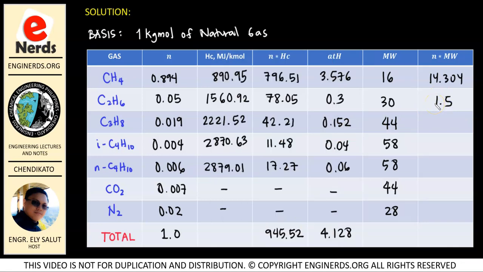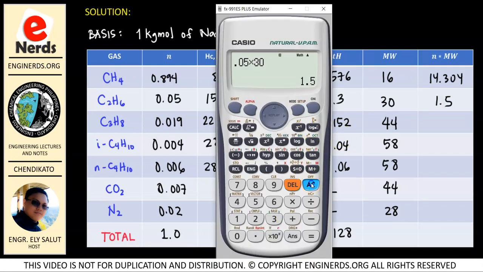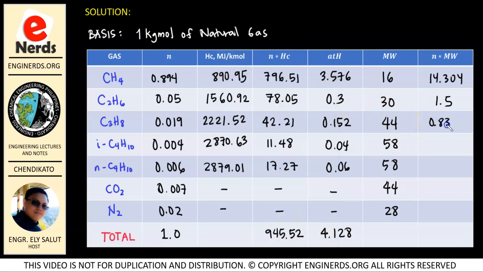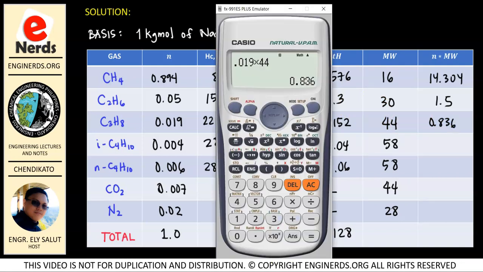Okay. Next, C3H8, we have 0.019 times 44. We have 0.836. Next, we have 0.004 times 58 is equal to 0.232.